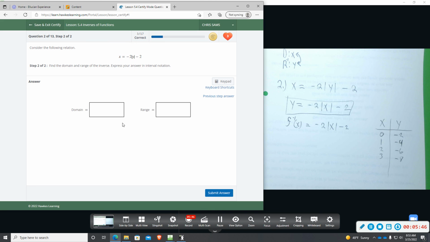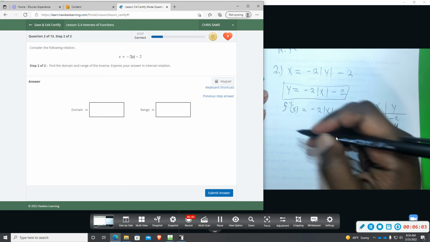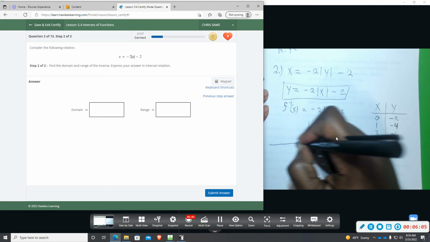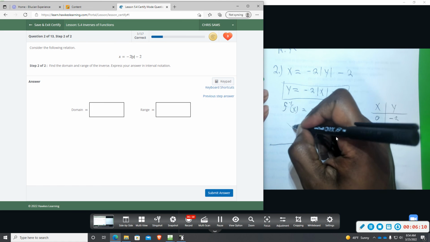Okay, so now we have part 2. We want to find the domain and the range of this inverse. You can do one or two things. You can graph it and sketch it based on transformations that we've previously talked about. So let's talk about how this graph is being transformed from the original. If we had the original absolute value, it would look like a V shape centered at the origin.